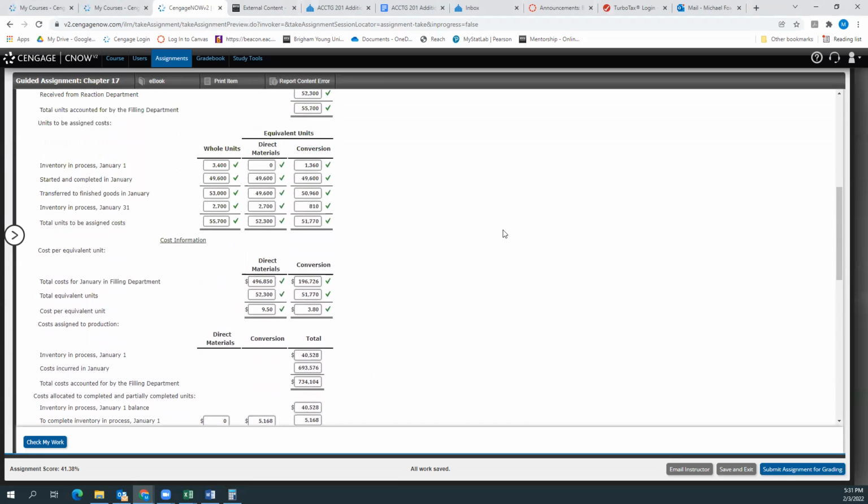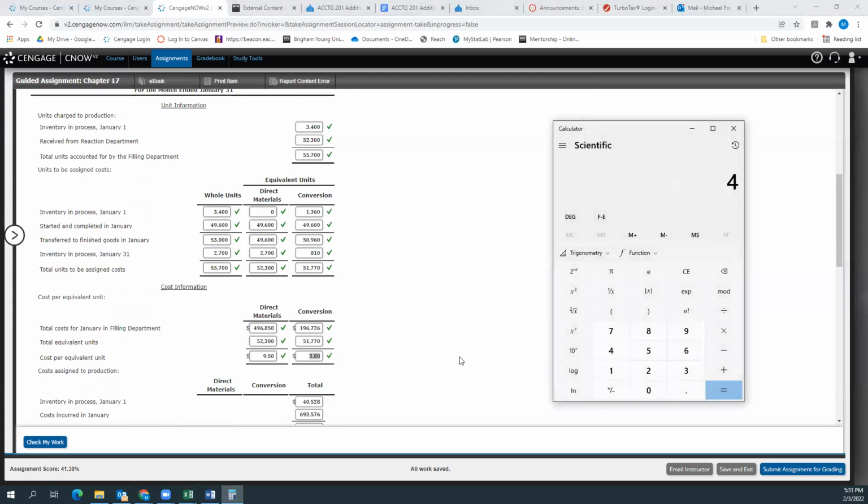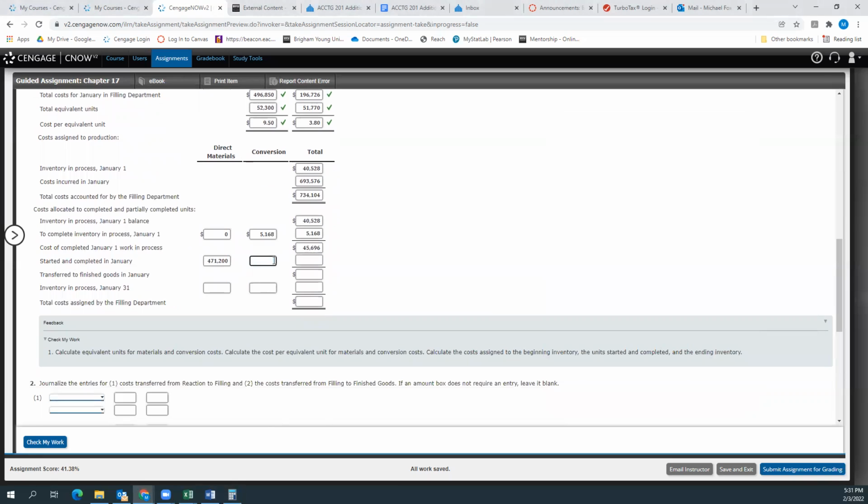We'll do the same for conversion. We'll come up and we'll say, okay, there were 49,600 units started and completed. And we'll multiply that by the cost per equivalent unit for conversion of $3.80 right here. So 49,600 times $3.80 gives me 188,480.